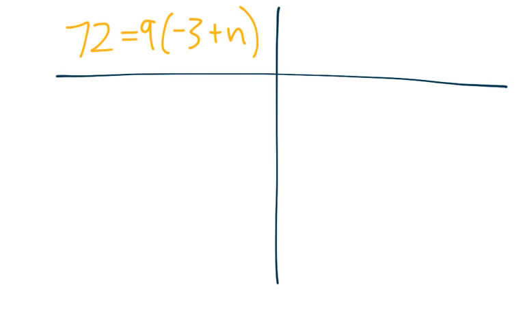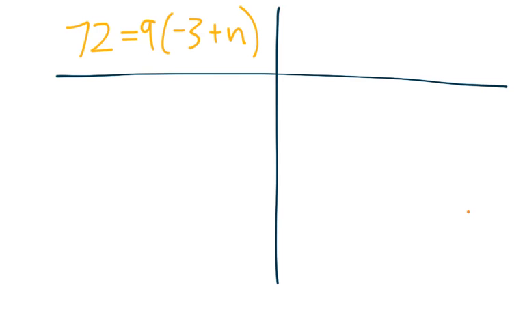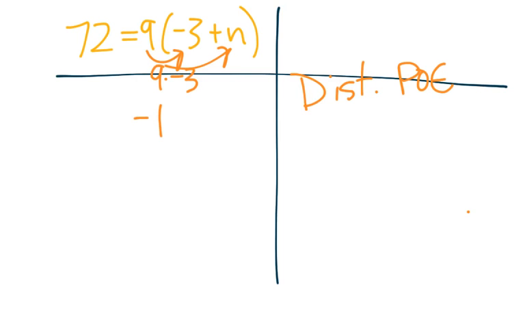So looking at 27, okay, 2 ways we can do this. One of them I'll do with distribution, the other one I'll just do them both with distribution since we haven't done any of those. So using the distribution property of equality, okay, I get 9 times negative 3, which is negative 27, plus 9 times n, which is 9n, equals 72.